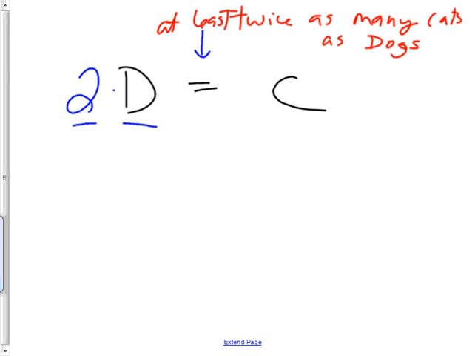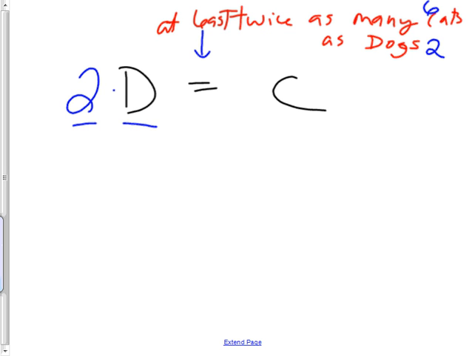The best way to check if you're doing it right is to actually pick some numbers that would work in the real world. Would you agree if I had 6 cats and 2 dogs that I would have at least twice as many cats as dogs? Okay? That's the extreme case.